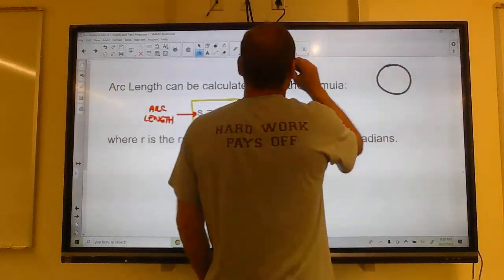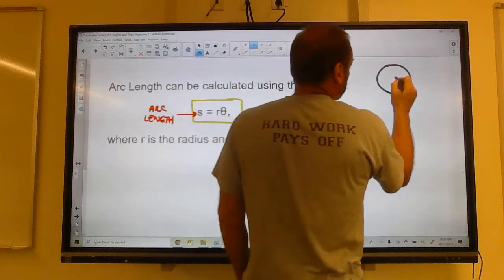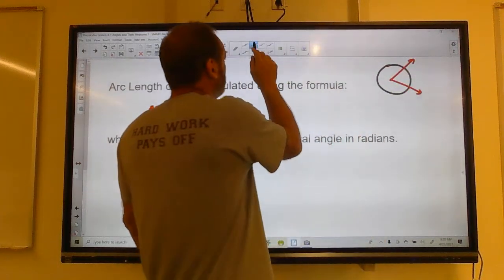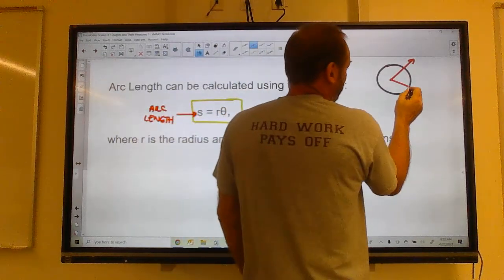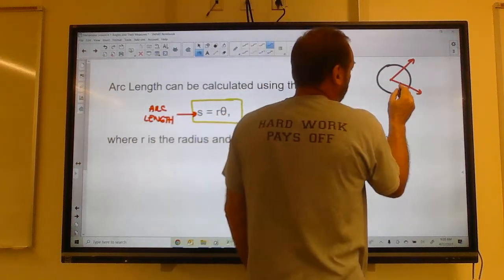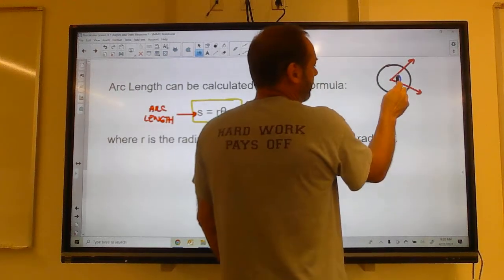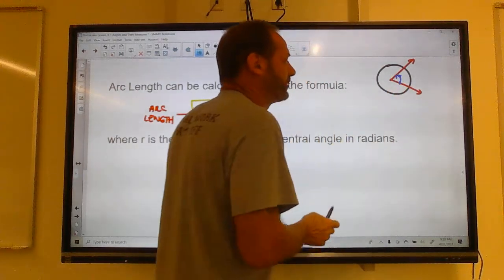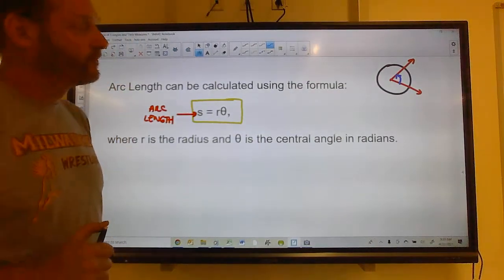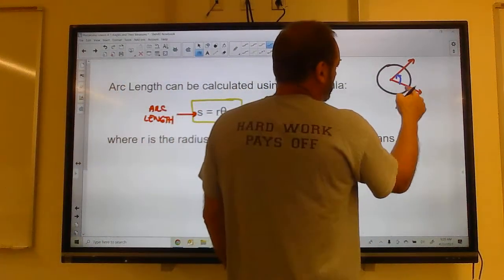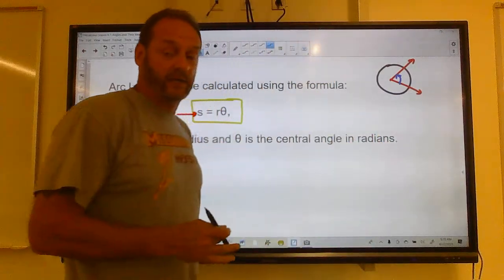So let's say I have something like this. The arc measure is how many degrees or how many radians I have to turn from here to here to include that angle. So an arc measure is going to be in either degrees or radians.